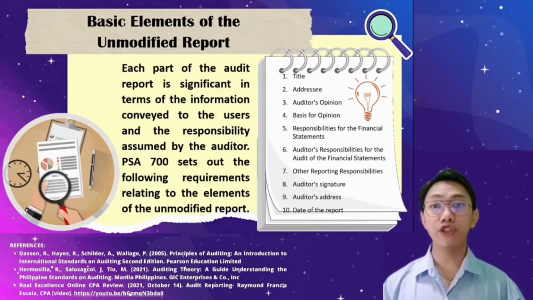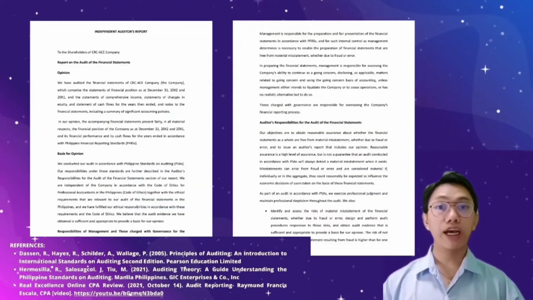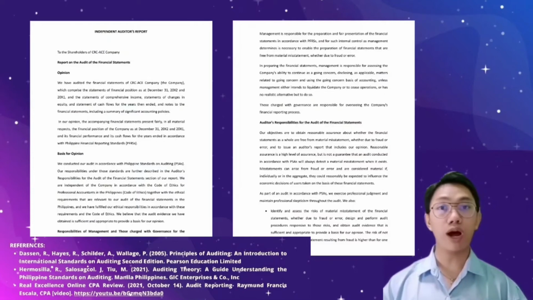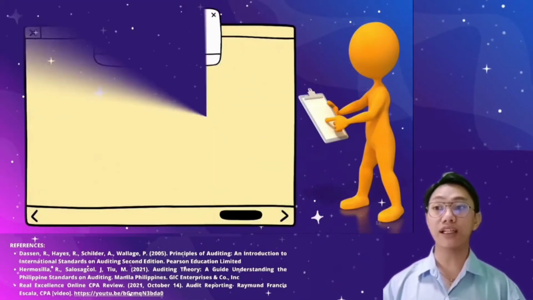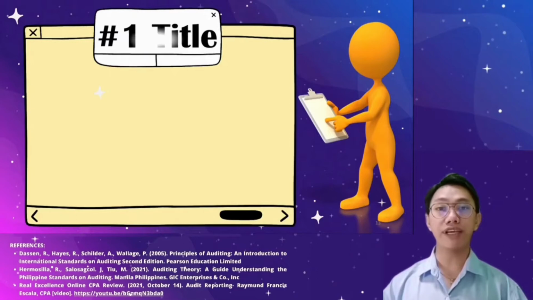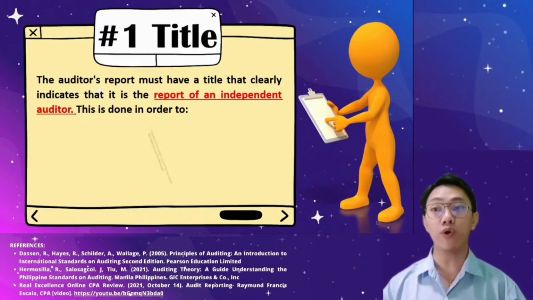So I provided you an example of an independent auditor's report. Itong example na kinuha ko is galing sa libro ni Hermosilla, Chu, and Salusag, Col. So the first basic element is the title. The auditor's report must have a title that clearly indicates that it is the report of an independent auditor.